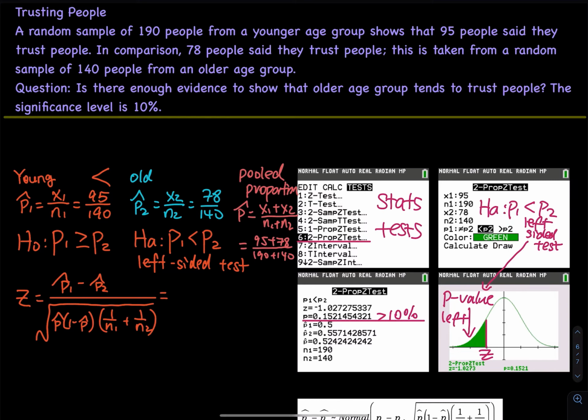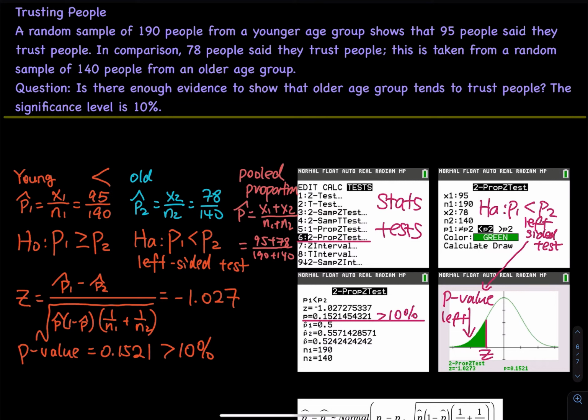And then the calculator said z is negative 1.027. I usually use 3 decimal places, and then the p-value is pretty big, so the p-value equals 0.1521, so that is greater than our significance level 10%. Greater than 10%, so this is a fail to reject H0.